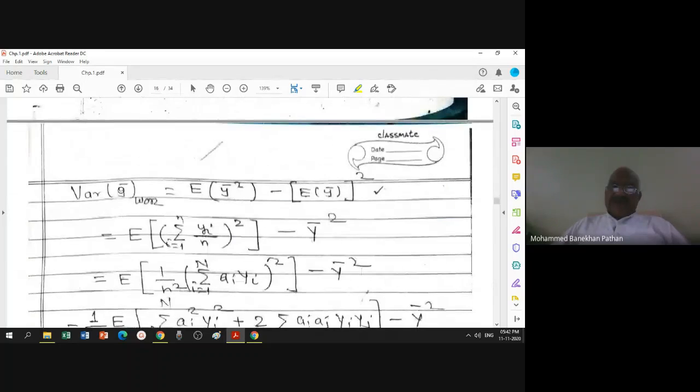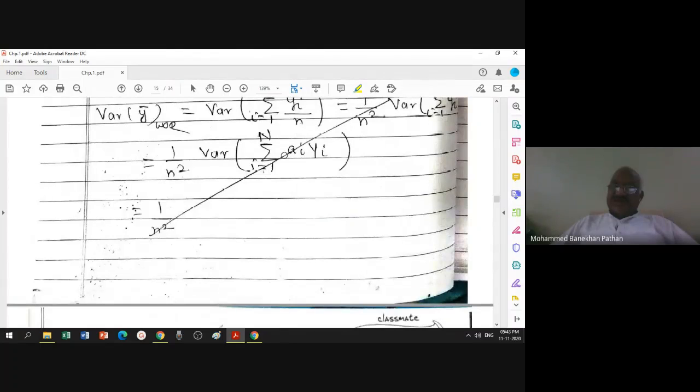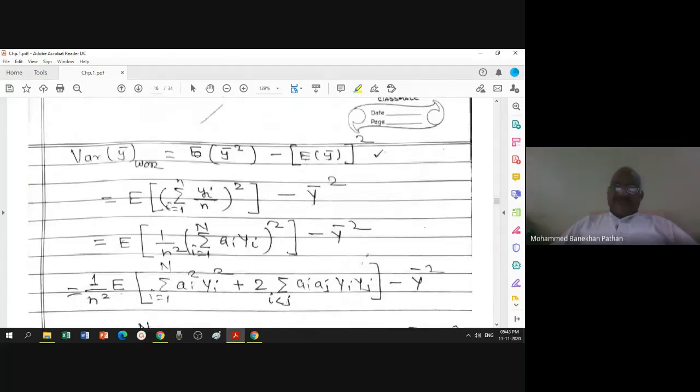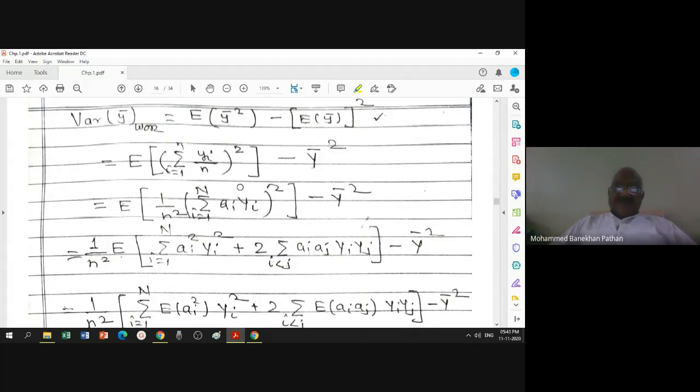You have variance of y bar under without replacement as expected value of y bar square minus square of expected value of y bar. This we proved: expectation of sample mean is the population mean, square of that. Expected value of summation yi upon n, square taken out, summation i from 1 to N of ai yi, whole bracket square, minus y bar square.